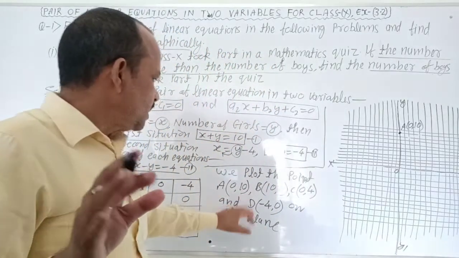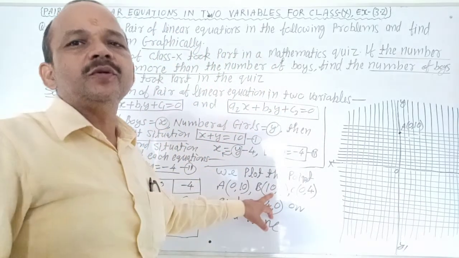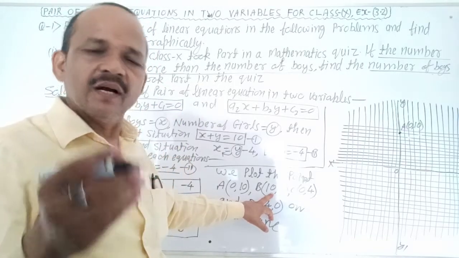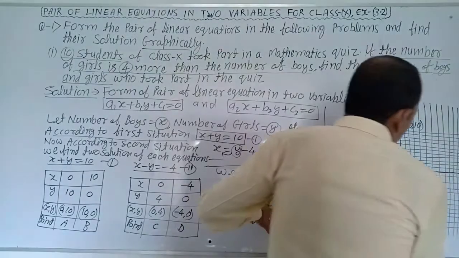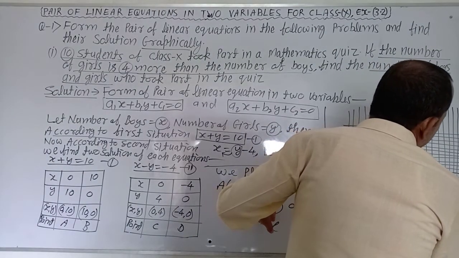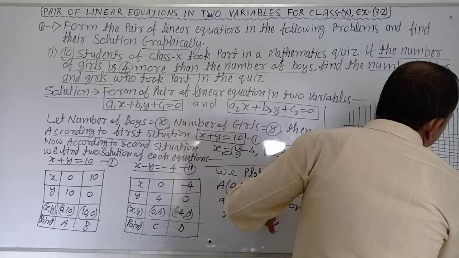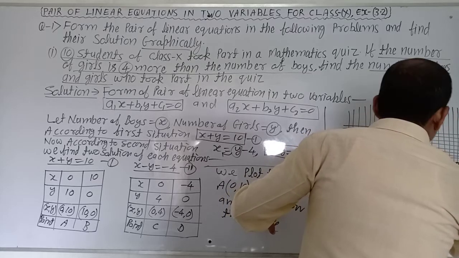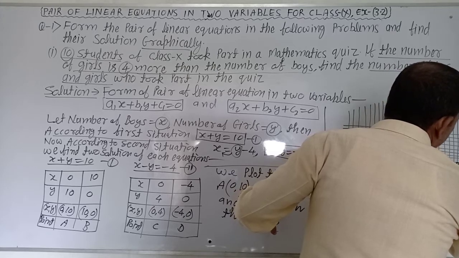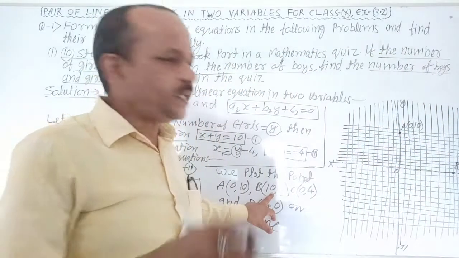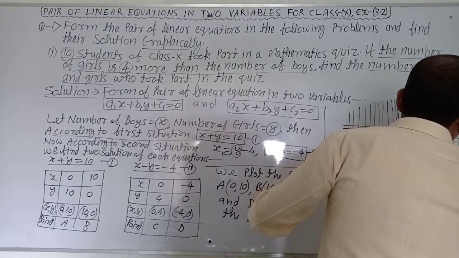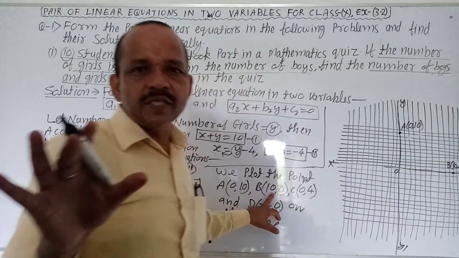Now you plot point B, 10 and 0. 10 at the x-axis and 0 means at the origin. Here it is point B, 10 and 0.